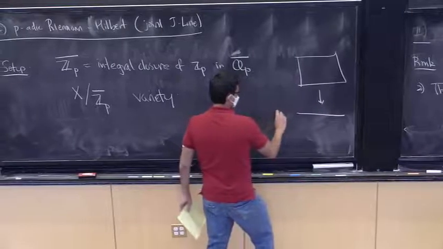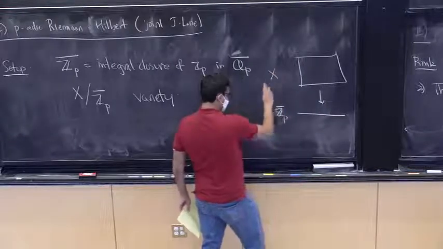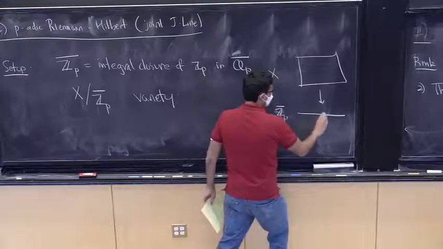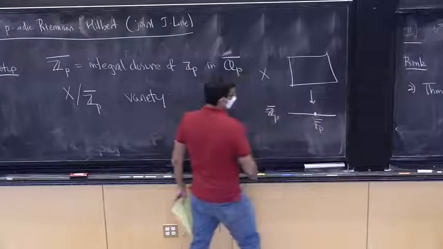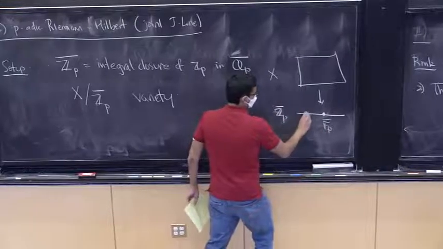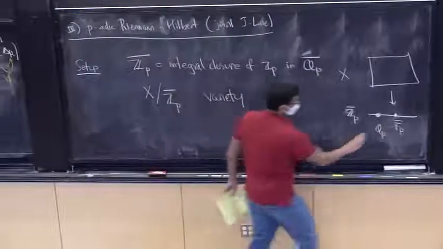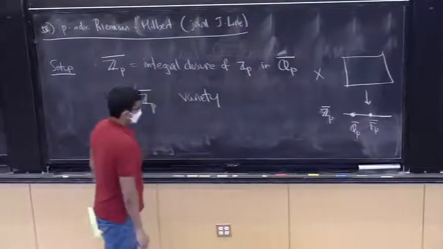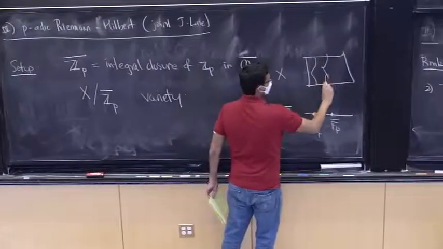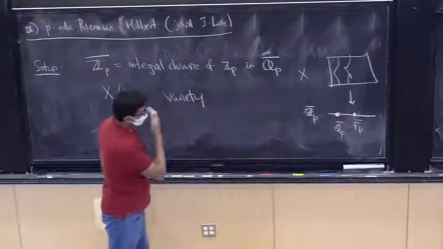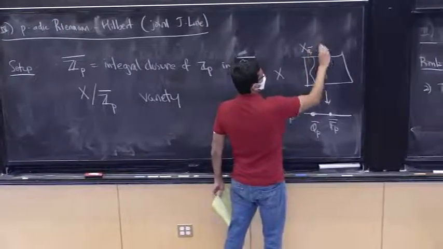So here's the picture for Z_p bar, and here's a picture for X. There are, again, 2 points, one corresponding to the residue field at the maximal ideal, which is F_p bar, and one corresponding to the residue field at the 0 ideal, which is Q_p bar, the fraction field. And then you have the two fibers. Let me just emphasize that there could be singularities. So let me call this X_{Q_p bar} and X_{F_p bar}.